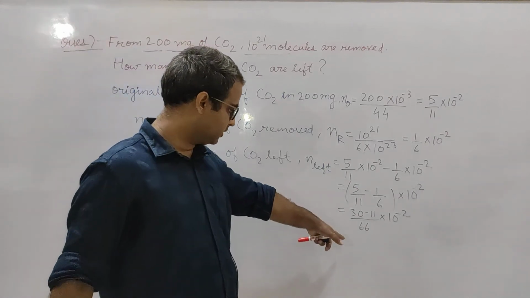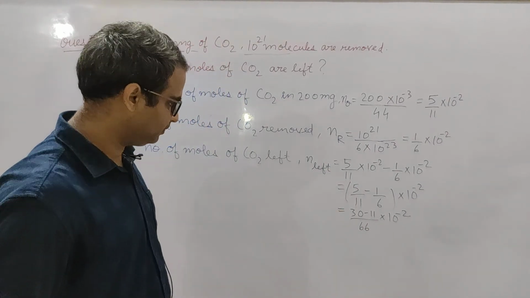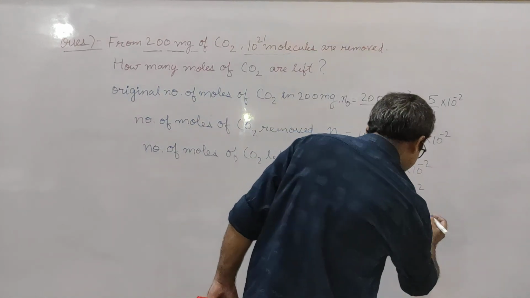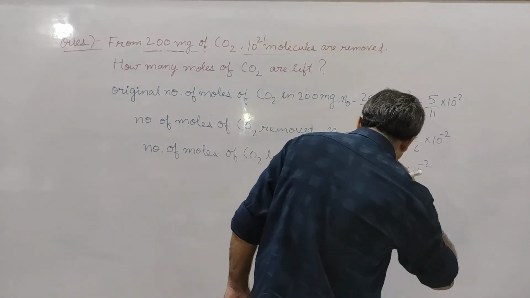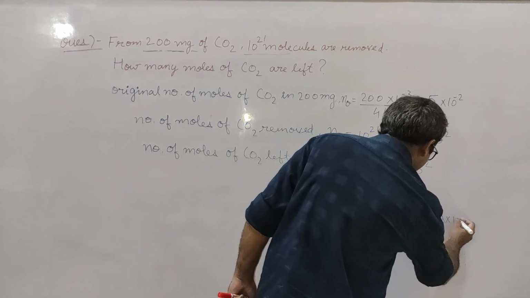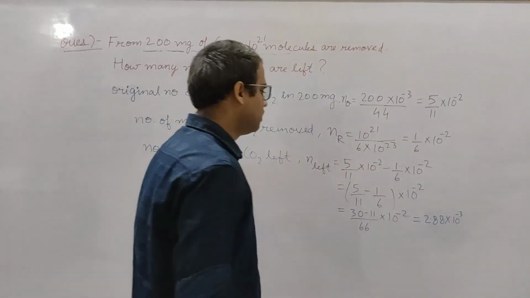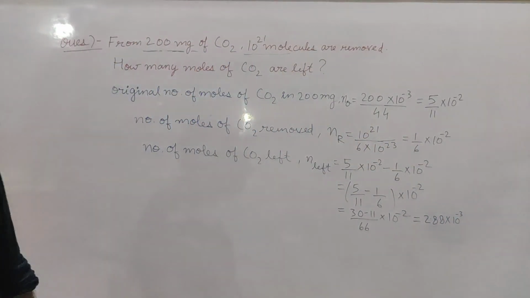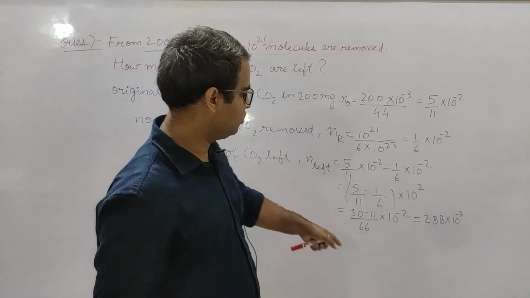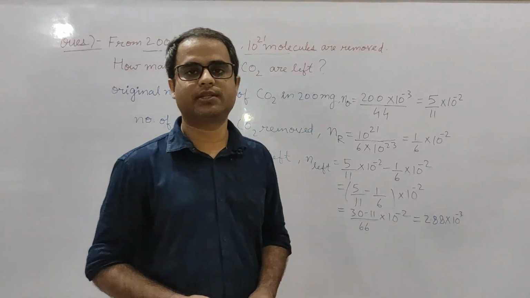This will be 19 upon 66 into 10 to the power minus 2, which comes out to be 2.88 into 10 to the power minus 3. So your answer will be 2.88 into 10 to the power minus 3, and that is the correct option for this question.